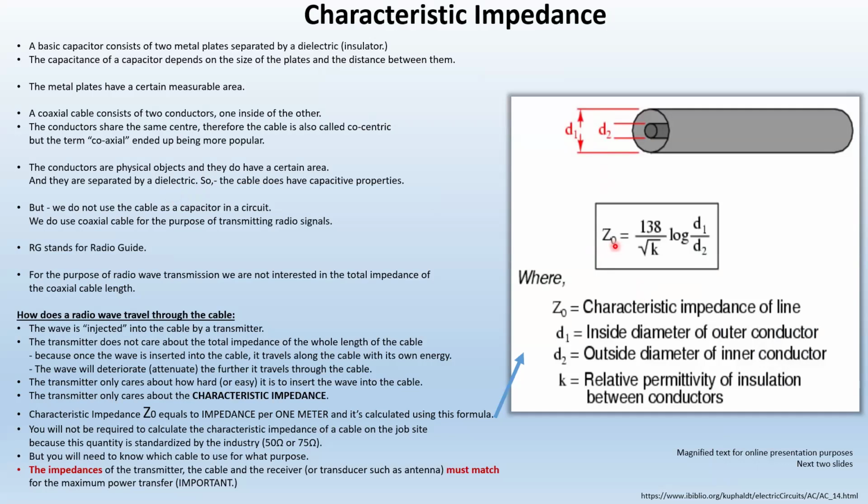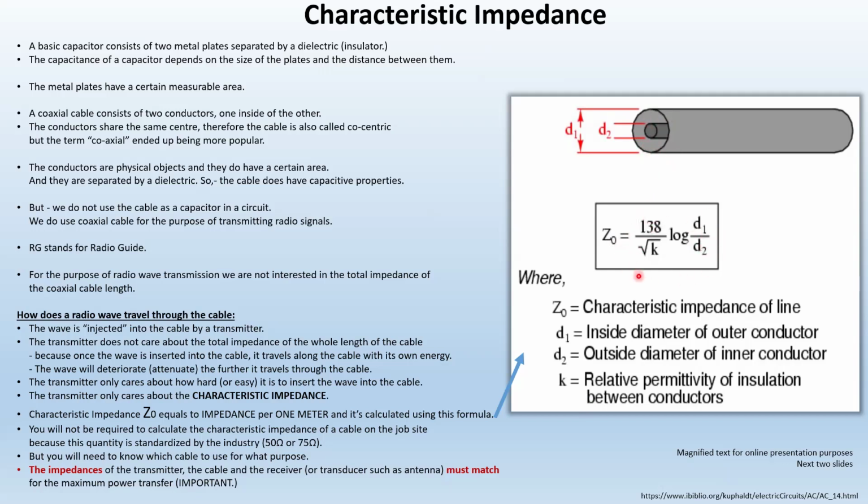That's like an indicator. And here's the formula. It's 138 over the square root of the relative permittivity of the insulation between the two conductors, times the log of this diameter over that diameter, and so on.